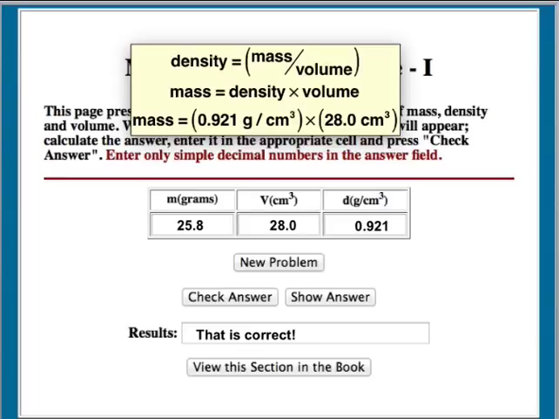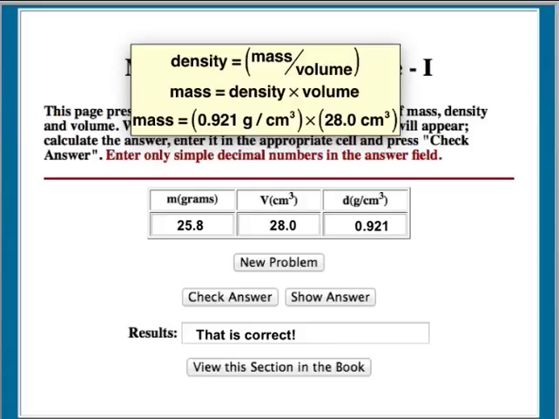Now these are simple, and once again, if you have difficulty, or if your answer is not correct, you can click on Show Answer. It will tell you what the correct answer is, and it will go step by step through the problem, explaining how you should have done it.